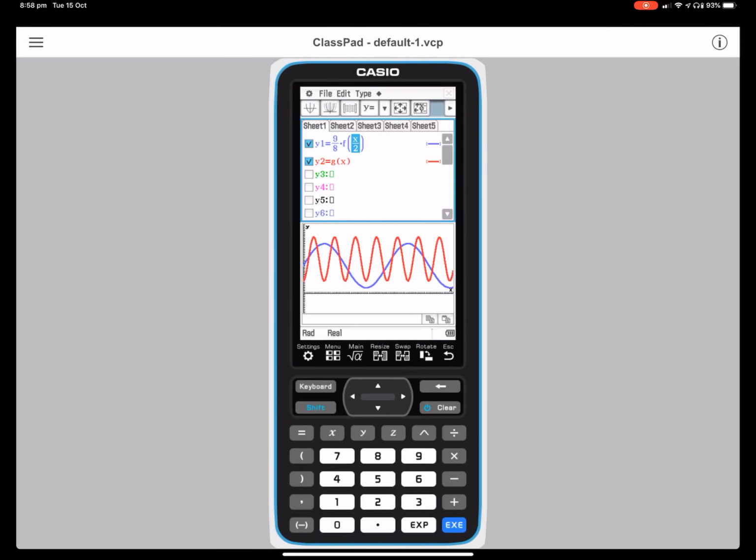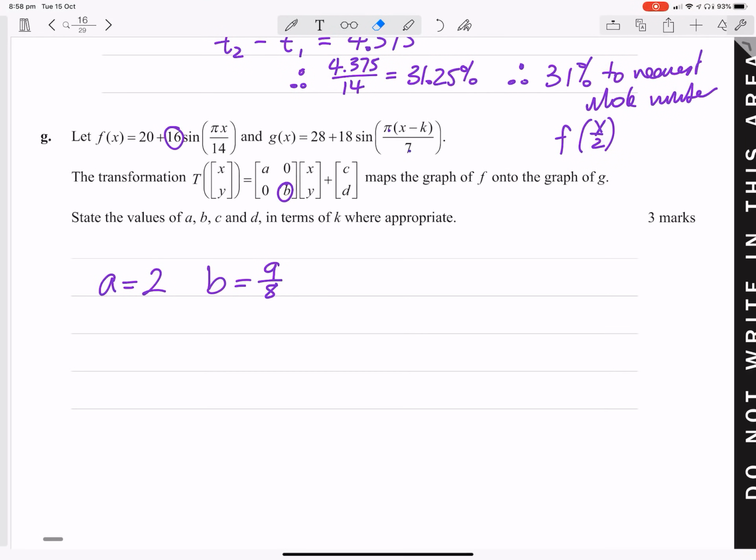What do we want? 2x. Okay, so f of 2x, f onto g. Oh yeah, because we want to make that a 7. It's a 14, so we've got to put a 2 on top, which is a dilation factor a half from the y-axis, so a has to equal a half.